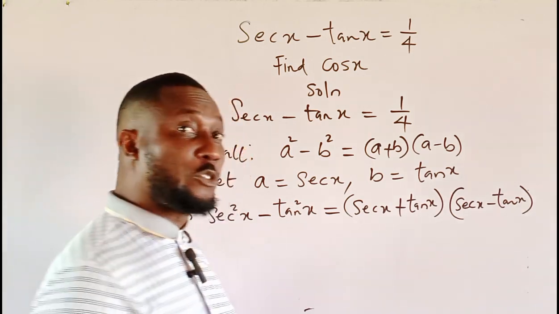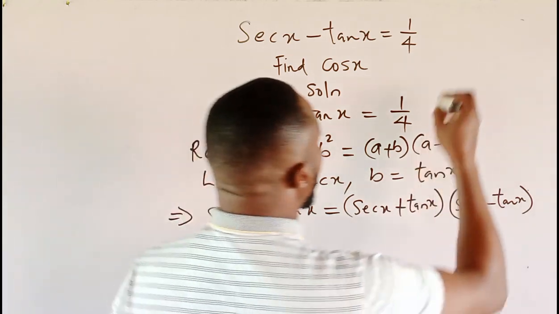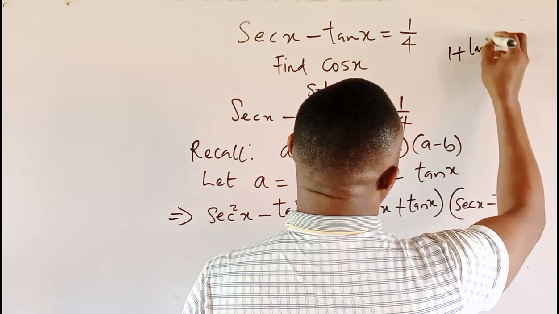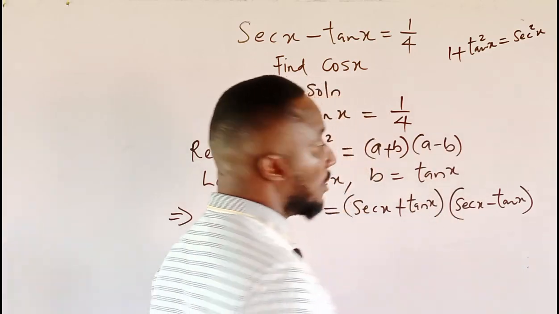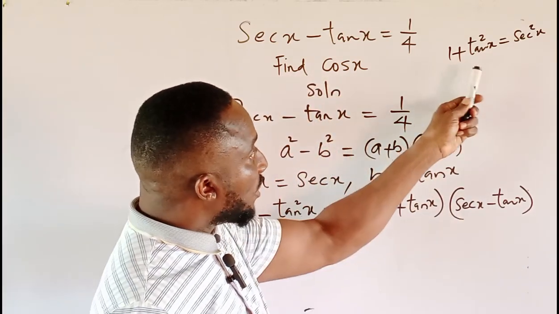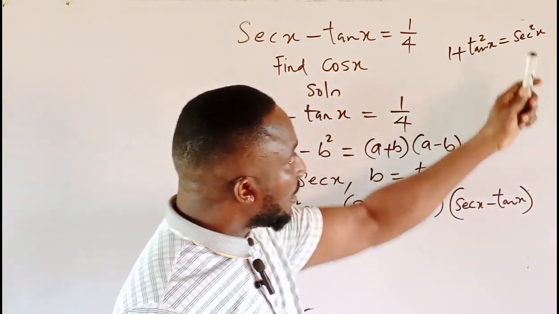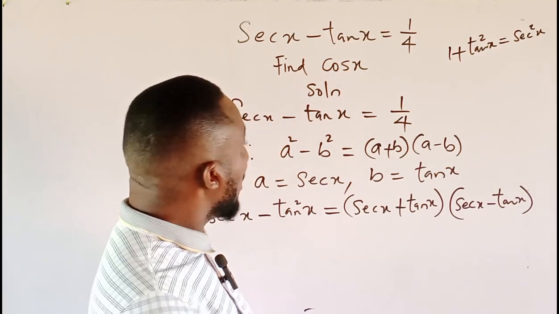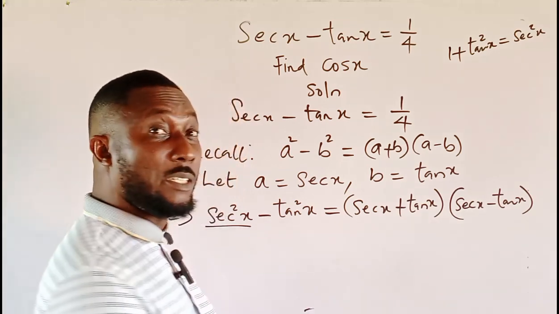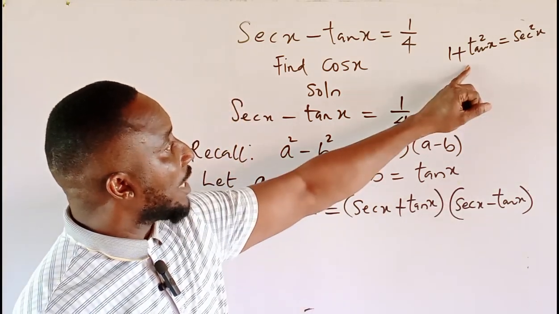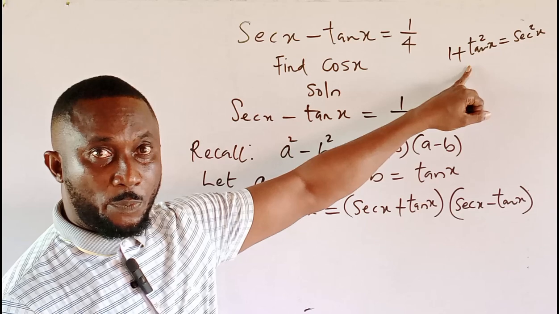And again, from trig identities, we know that 1 plus tan squared x is equal to sec squared x. Then, in place of secant squared x in this expression, I shall substitute 1 plus tan squared x.